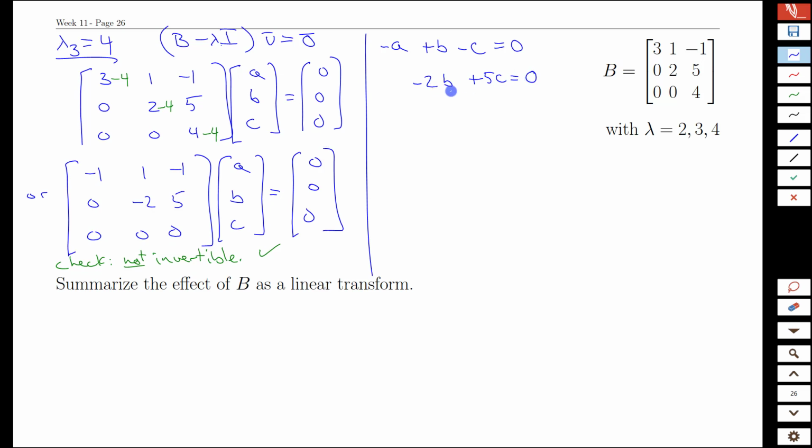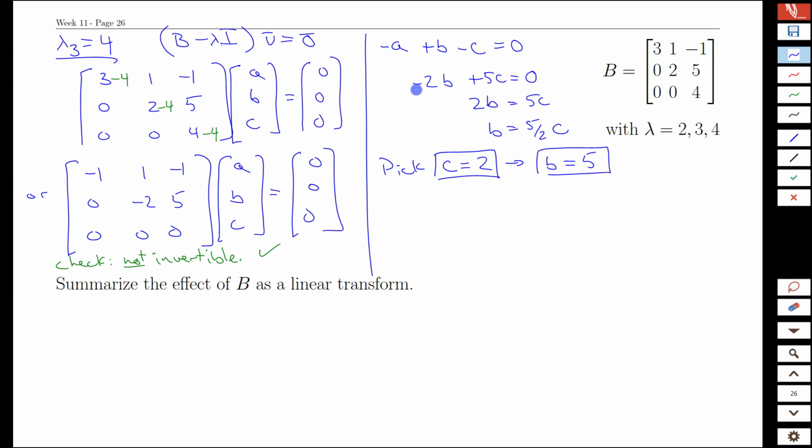This second equation is simpler, so let's bring this over, we're going to get a double negative. So I'll have 2B equals 5C, or B equals 5 halves of C. So looking at that, let's pick a nice value that's going to work out with integers here. Let's pick C as 2, and we're going to get cancellations happening. That's going to give us B equals 5.